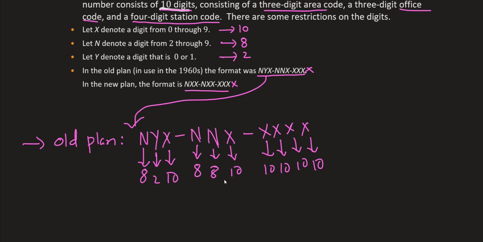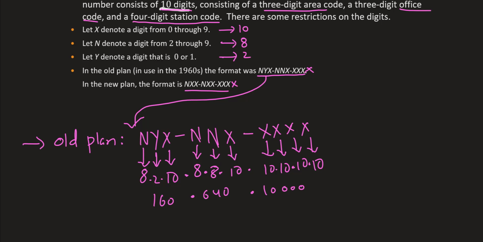So the entire procedure, which is to generate the telephone numbers using the old plan, we have 8 times 2 times 10 times 8 times 8 times 10 times 10 times 10 times 10 times 10. So this will be equal to 160 times 640 times 10,000.